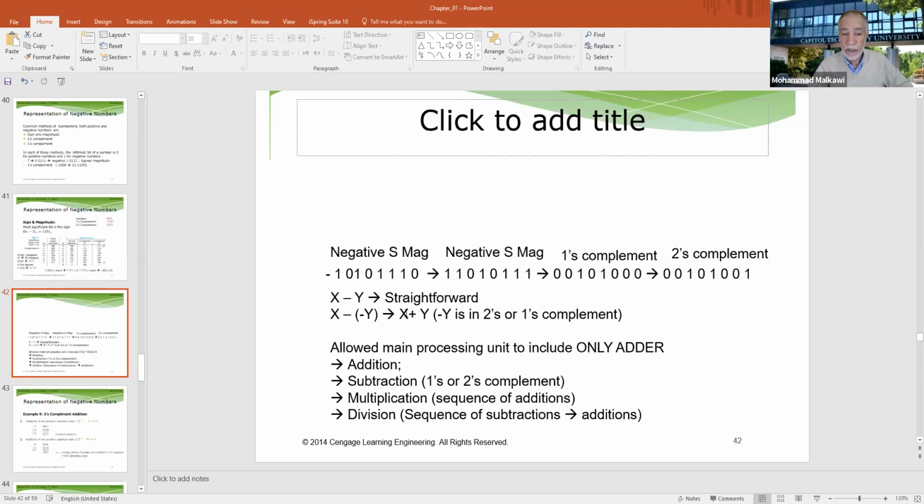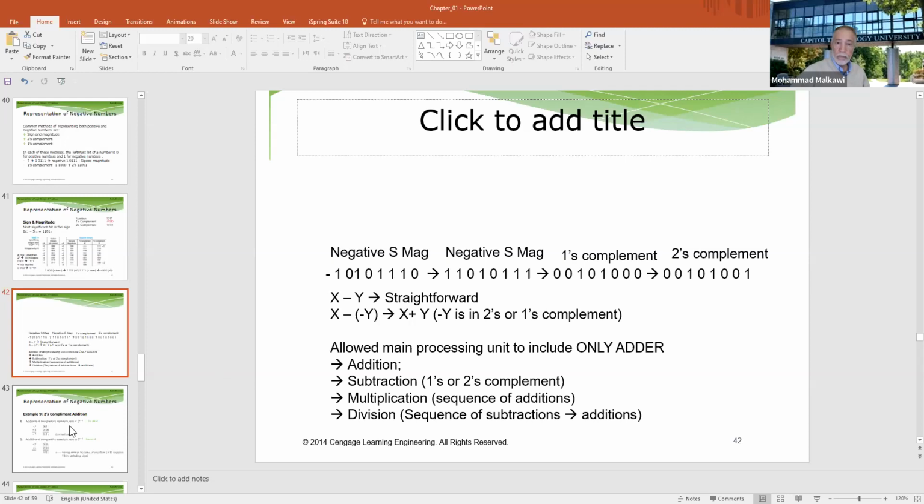So we do the addition, and the minus y is in 2's complement or 1's complement. So my negative number is in 2's complement or 1's complement, then I should be able to convert it into an add without making any changes. I'll just add the 2 numbers and the addition becomes a subtract, and I will show the example for that.